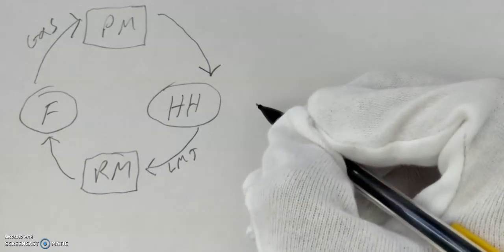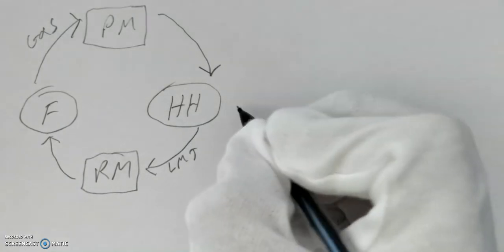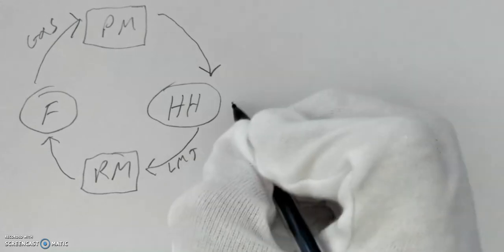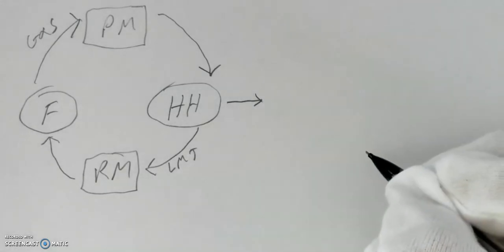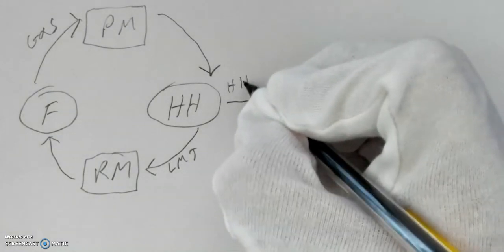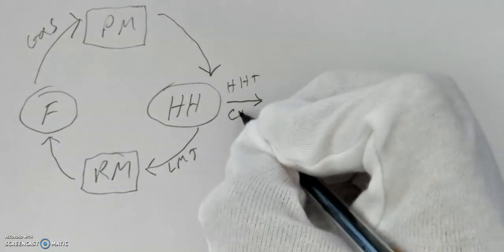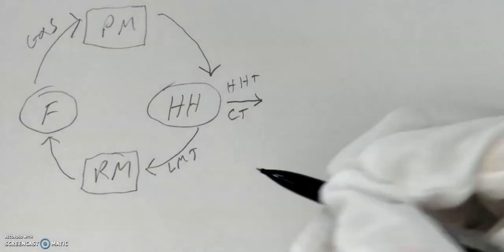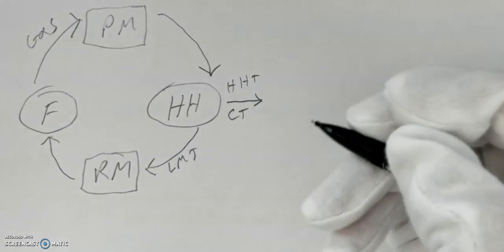Of course, according to Becker, households have their own allocation of time outside of the labor market. So we're going to see that flow over here. And we know that that's household time as well as consumption time. Those two together make up the household allocation.